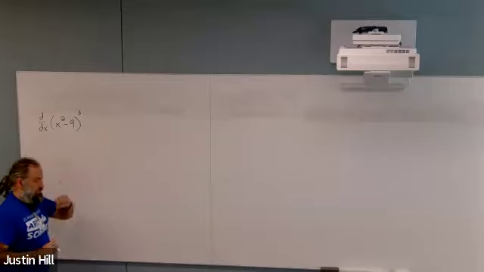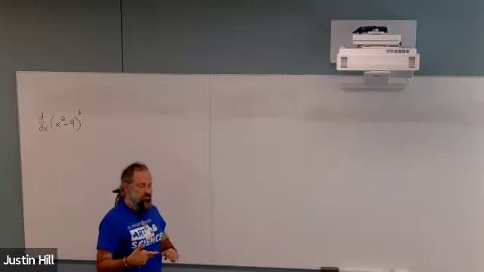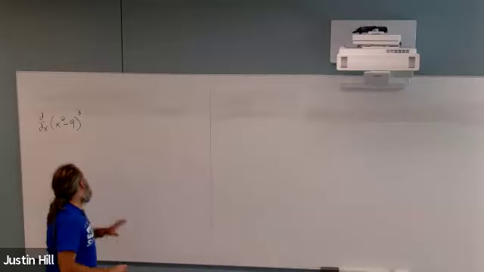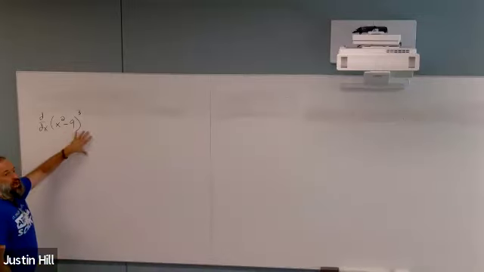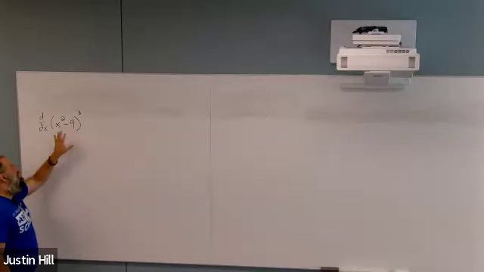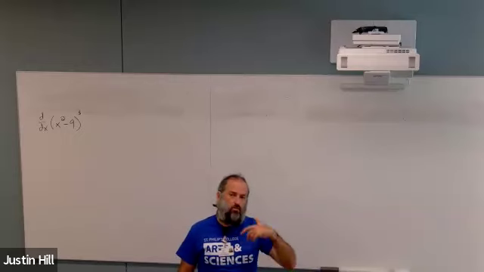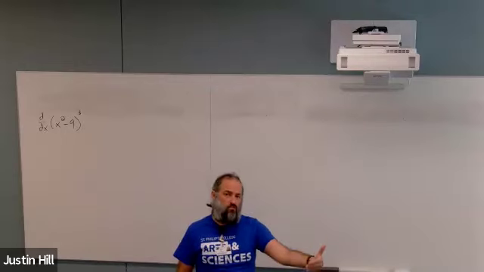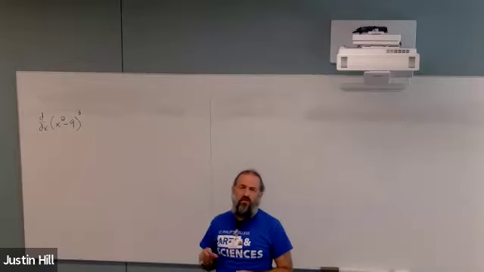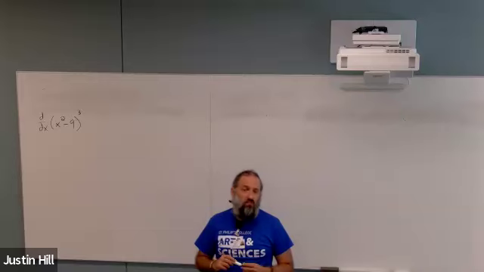This is what I was talking about in Cal 1: you realize that I can't just do the power rule here. I can't just do 3 times this thing squared, because when I take the derivative, I have to account for what's inside the function, using the derivative of that function. So I'm going to multiply what I would have done with the power rule by whatever the derivative of x squared minus 9 is. And that was called the chain rule.